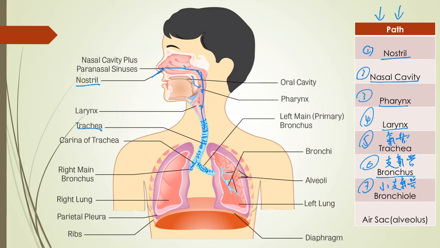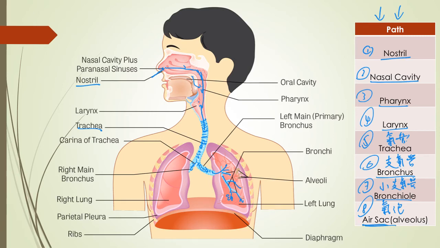At the end, each bronchiole would reach a bag-like structure. We call these alveoli. You may consider each bronchiole would end with a bag, and we call that bag the alveolus.